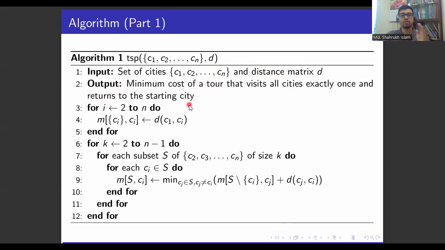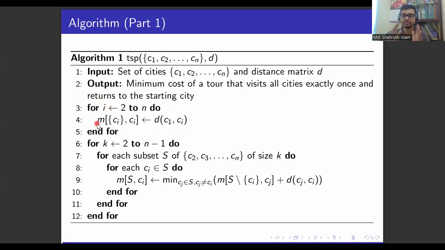For only cardinality 1, we will just visit one city after C1. So for 2 to n, we will make this array and initialize it with this value, because we will move from C1 to Ci, and for each Ci, we will get this. And our for loop ends here.